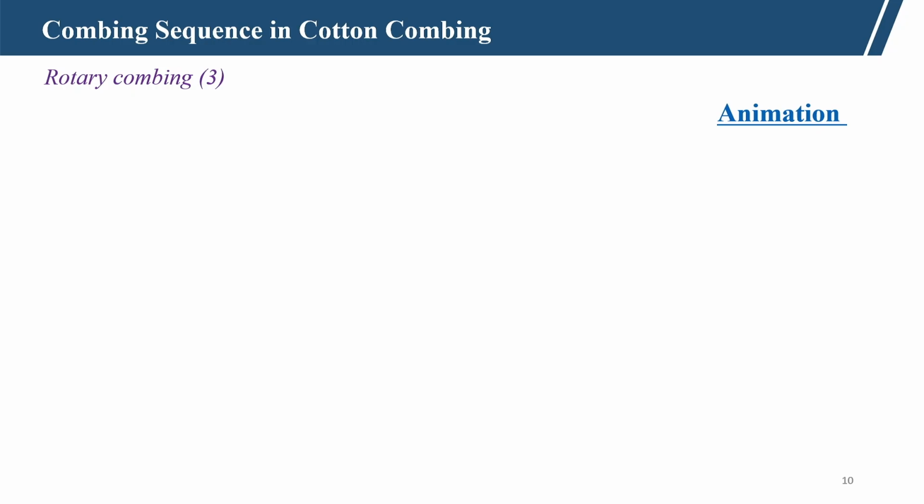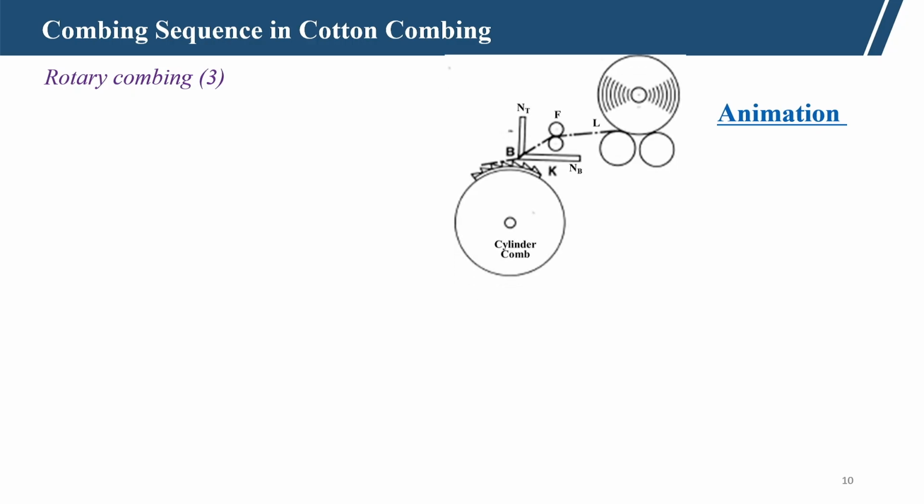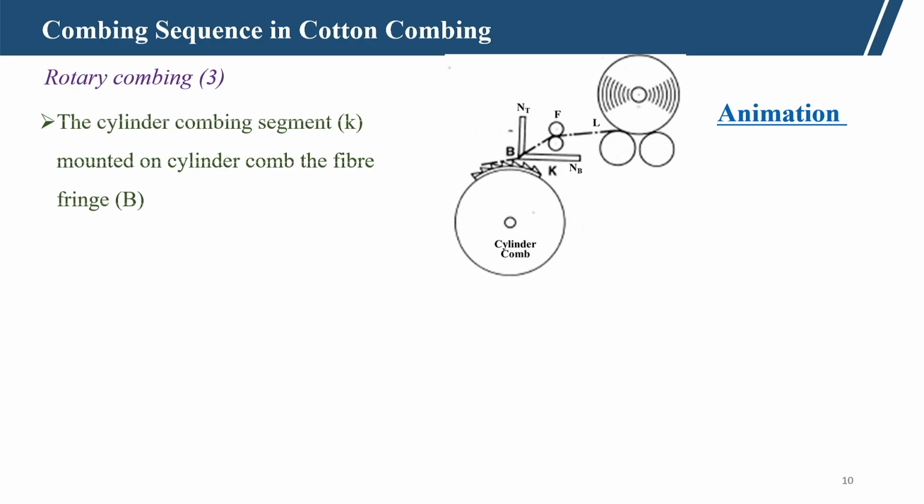Then comes rotary combing, the cylinder combing segment. As I told, there is a segment, so the total surface is not covered with the pin section. The combing section K is mounted on the cylinder comb, and this combs the projected fiber fringe.